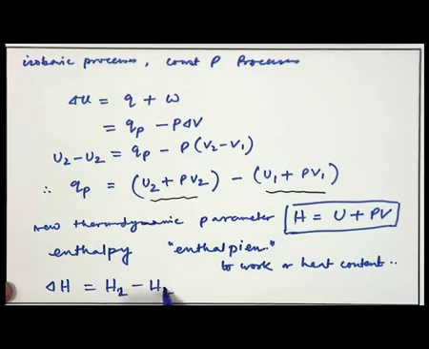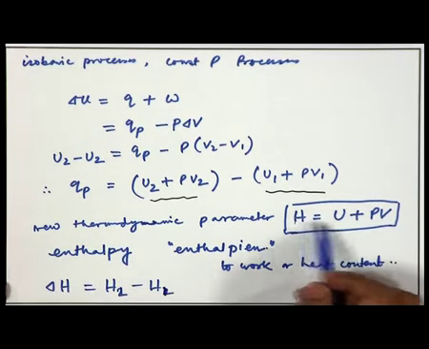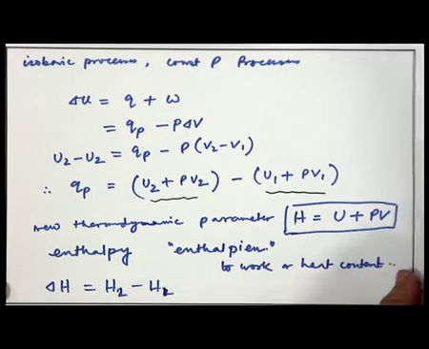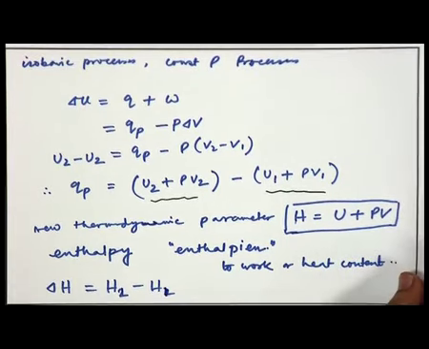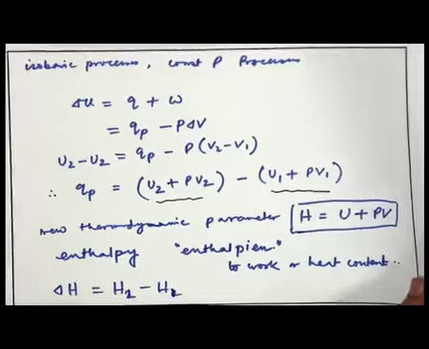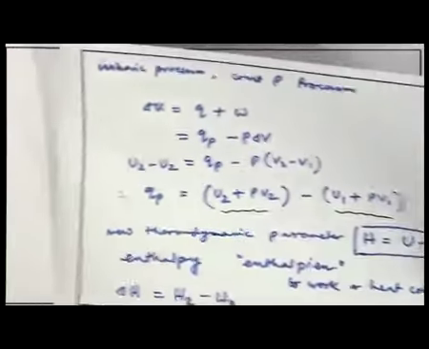Because H is related to U plus PV, which are state variables, H should be a state variable, it should not depend on the path of the system.